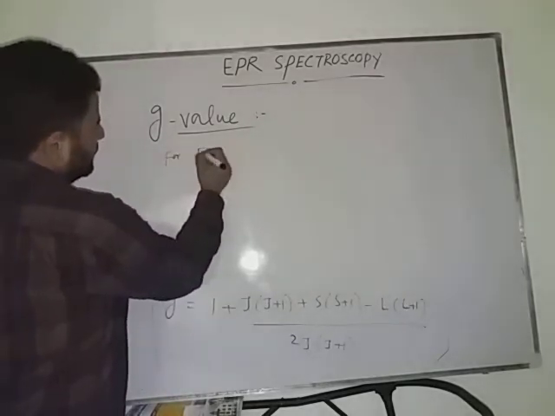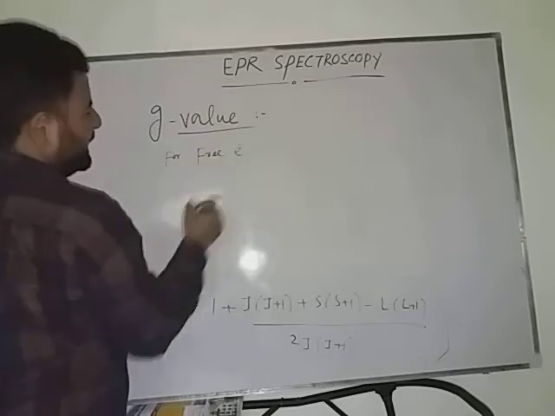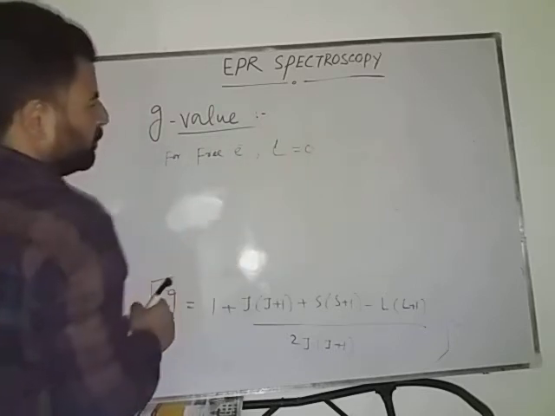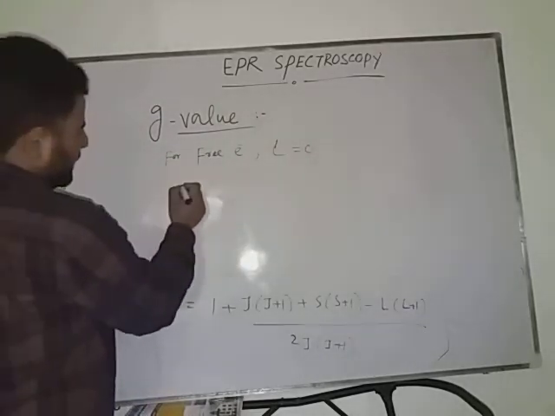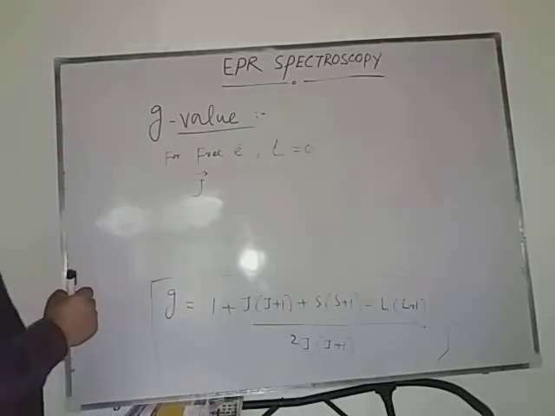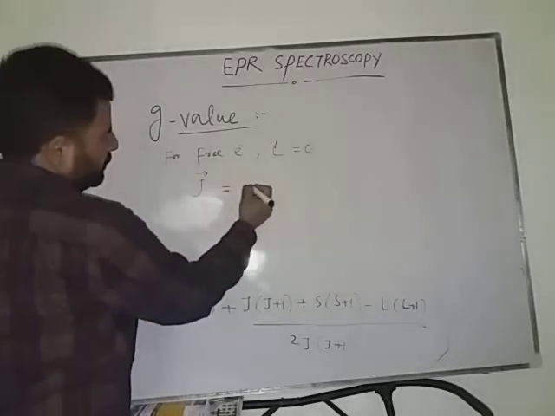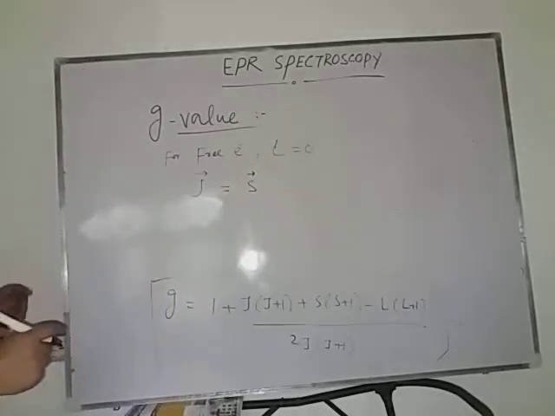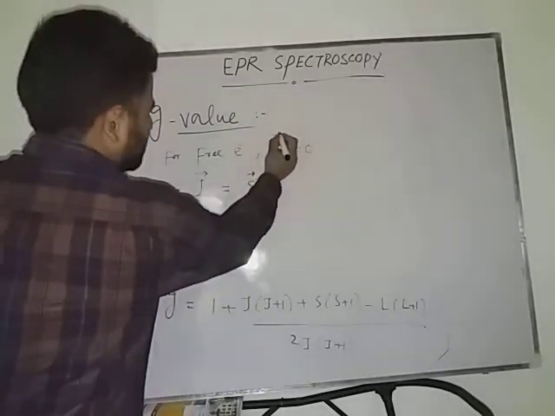For a free electron, we say that L is equal to 0, that means the orbital contribution is 0. Then the total angular momentum, that is J, will be equal to S only, because L is 0.